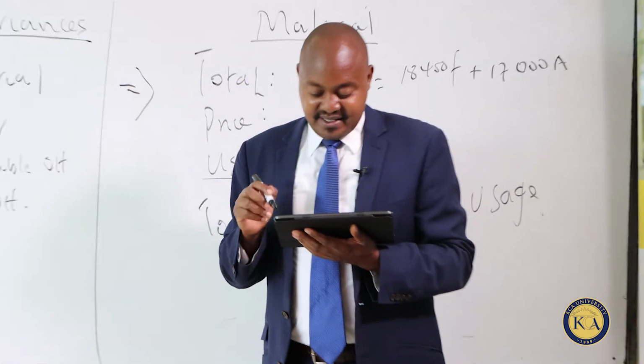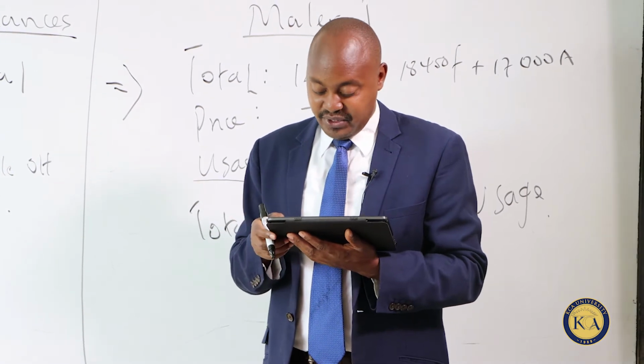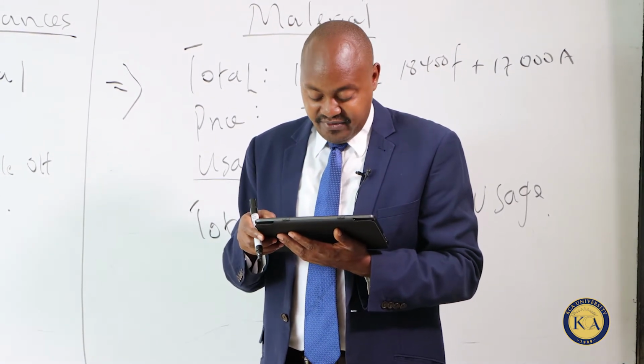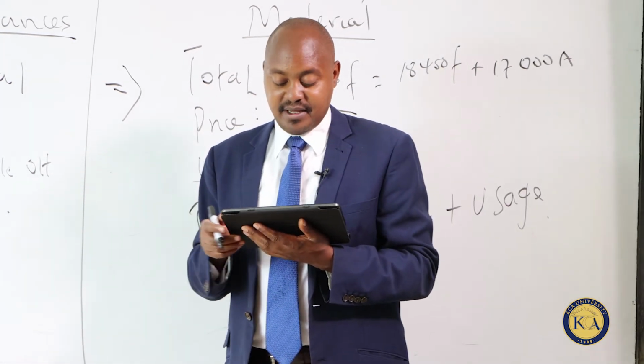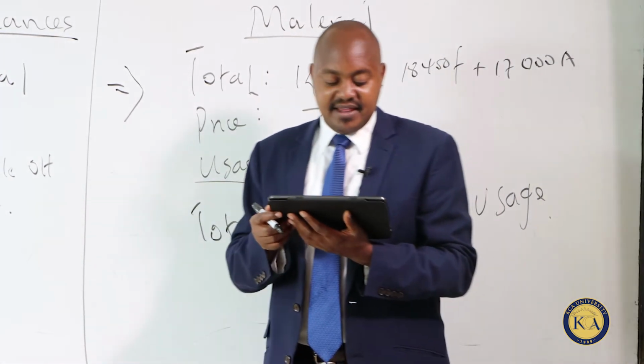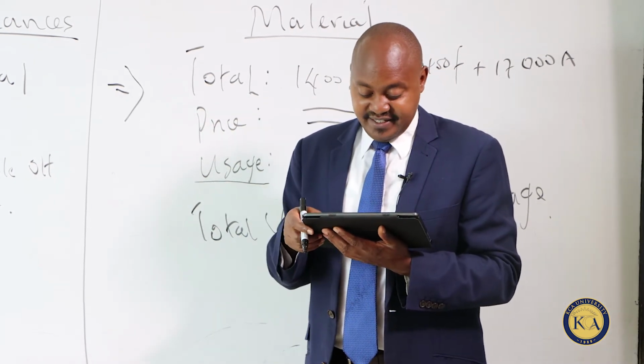Then that difference, the standard hours of actual output and the actively used hours to produce that output, is multiplied by the standard rate per labor hour. And that gives us the labor efficiency variance.